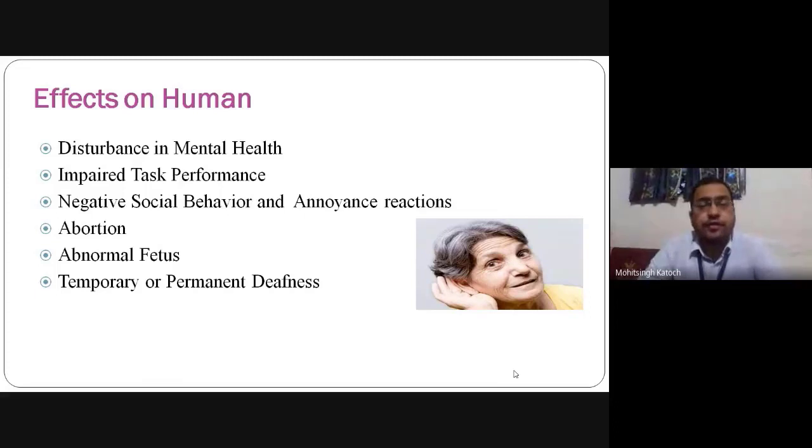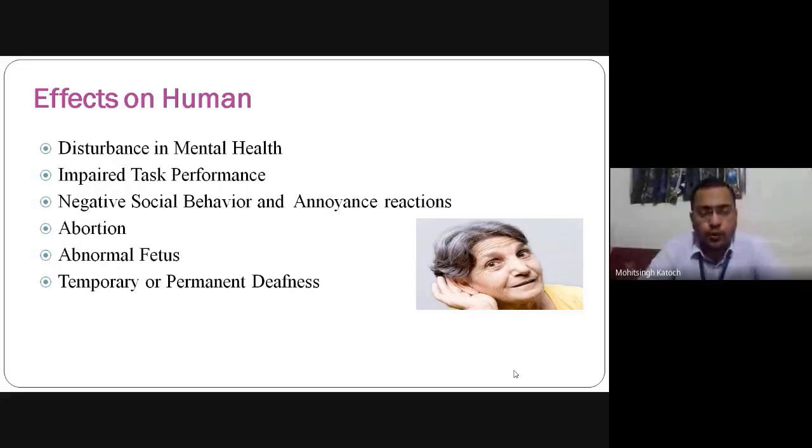The list of effects of noise pollution on human beings didn't end in the previous slide. It is still continuing. We must have a look at a few more effects also. First one is disturbance in mental health. Next is impaired task performance, negative social behavior and annoyance reactions, abortions, abnormal fetus, and temporary or permanent deafness.